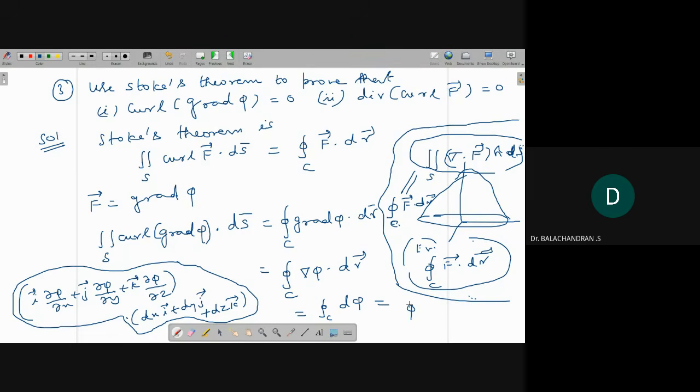You will get phi, but C is a closed curve. Here we are using Stokes theorem. In Stokes theorem, C is a closed curve, which means the starting point and end point are the same. Since the starting point is the same as the end point, it is 0.